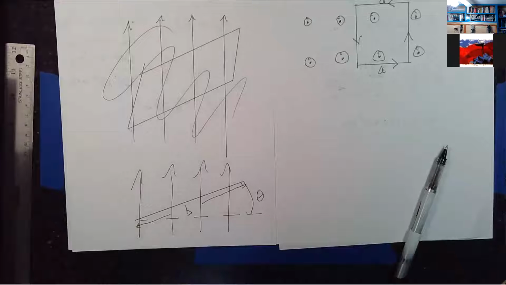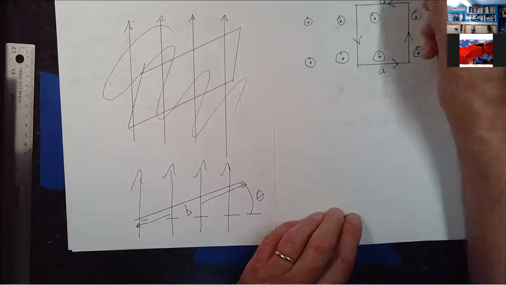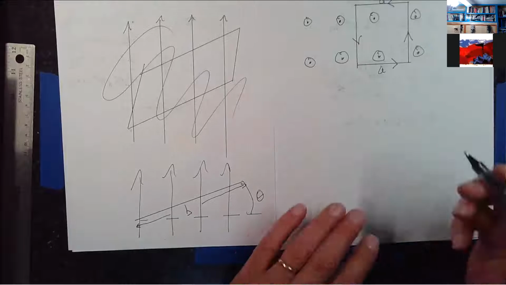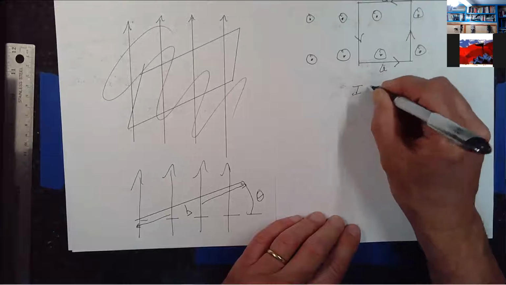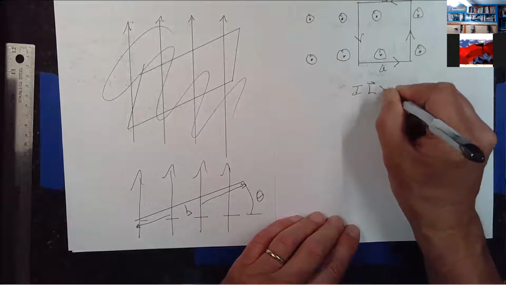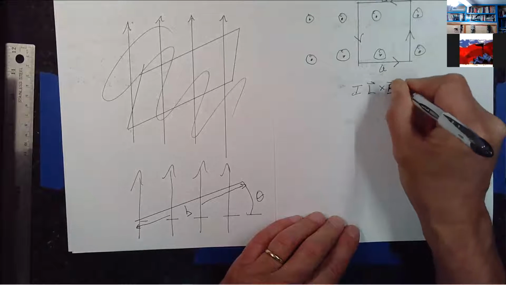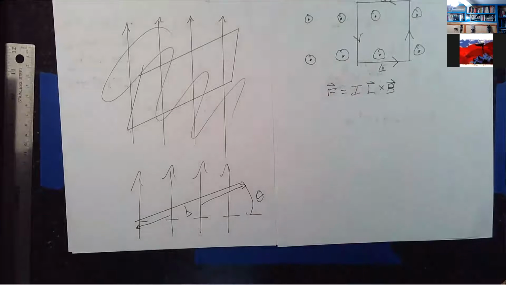So let's figure out for the individual parts of the loop what the force is on each one of those things. And we'll be using our I L cross B. The force on each one of those things is going to be I L cross B.